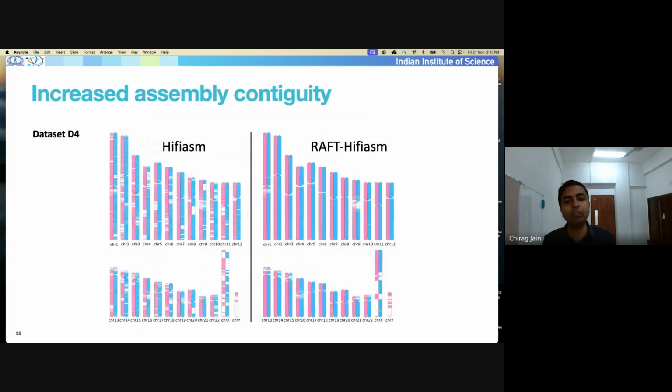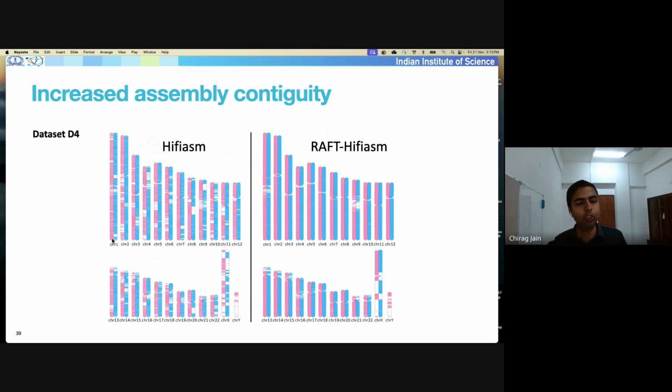One can also see this visually. It may be better to do a visual interpretation. On the left-hand side is the IISm assembly on dataset B4. Each white pixel or white rectangle that you see is a break in the assembly in this picture.